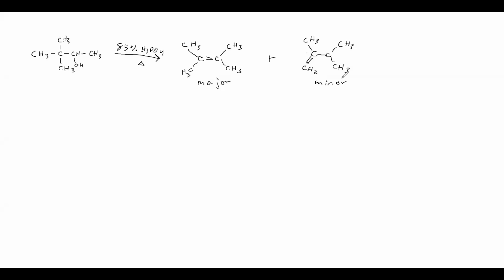Okay, hopefully that makes sense. The major product here is the more substituted. Right? An alkene that has 4 R groups on it is more stable than an alkene that has 2 R groups on it. So we can also say this is more stable and this is less stable.